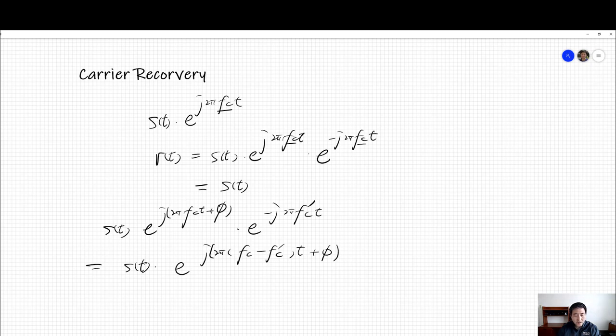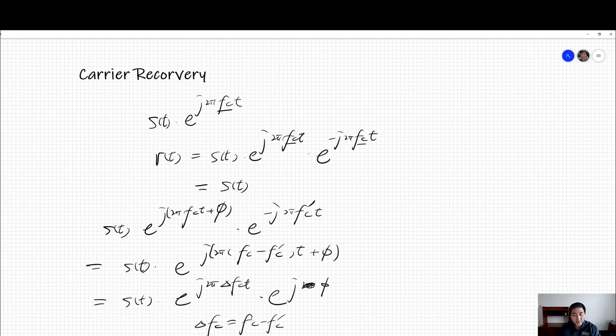Okay, so there are two things that give us ambiguity. One is we have this e to the j 2 pi delta fc t, where delta fc is fc subtract fc prime. That's the carrier frequency offset. The second part is e to the j phi, which is due to the phase term.